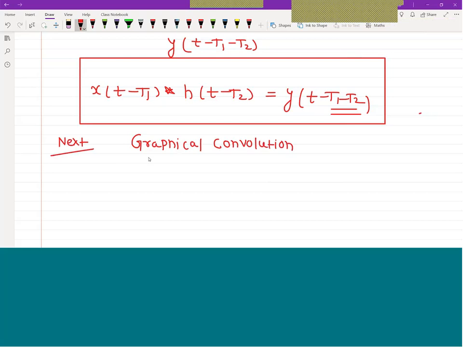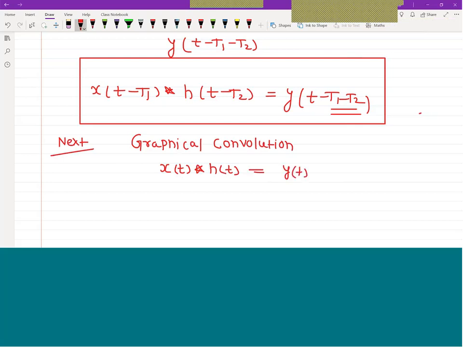One of the properties which you will prove is that if x of t convolution with h of t is equivalent to y of t.